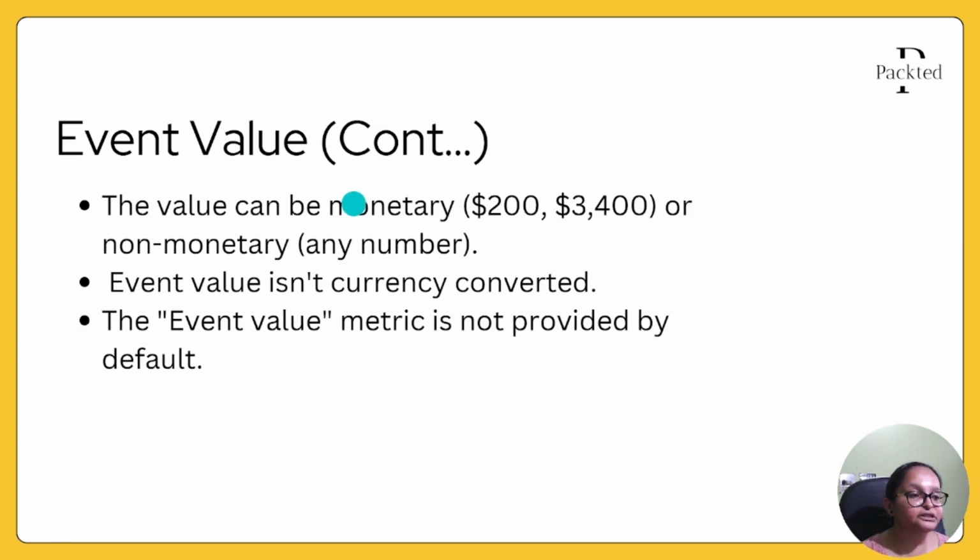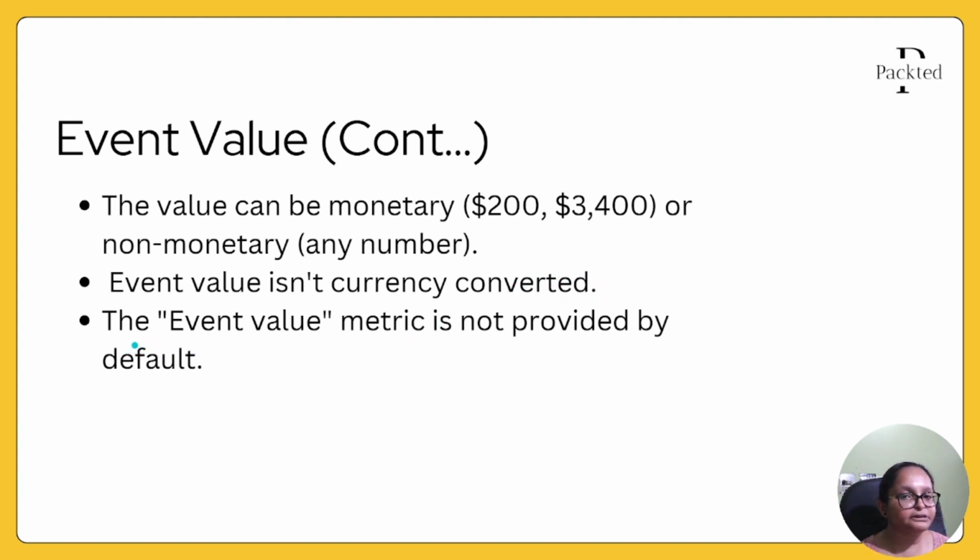The thing is that this value can be monetary, like your currency, or non-monetary, like any number. The event value doesn't have to be a currency number, so it can be both. And as I said before, the event value isn't currency converted.